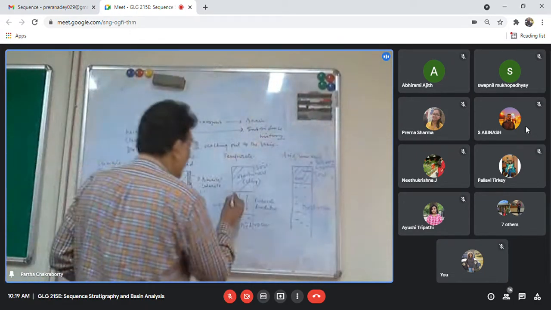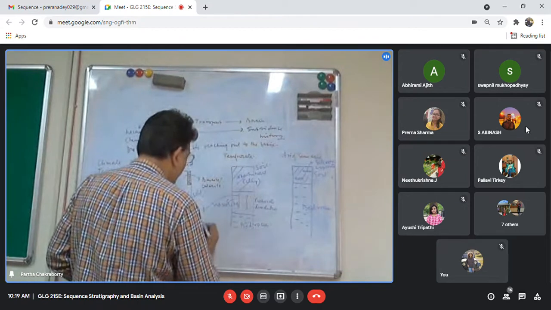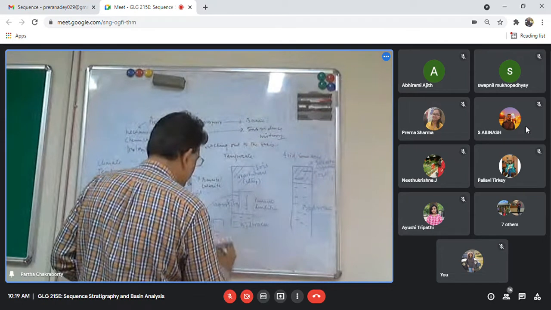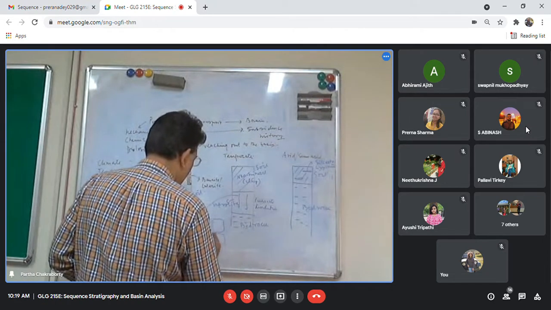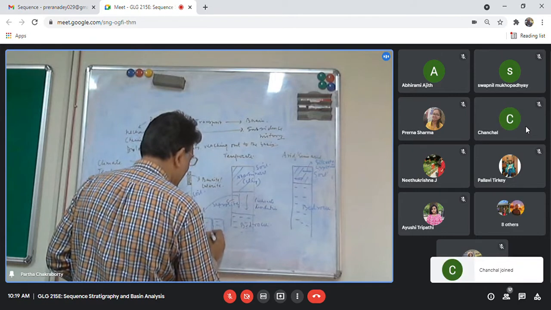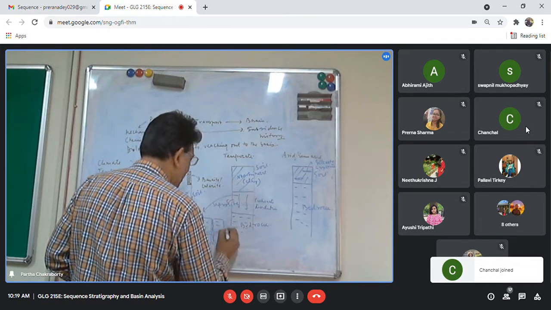So what is the character of the saprolite? In the saprolite, there will be large blocky bedrocks. These are all bedrocks, and they are fractured, so you have water movement in that.